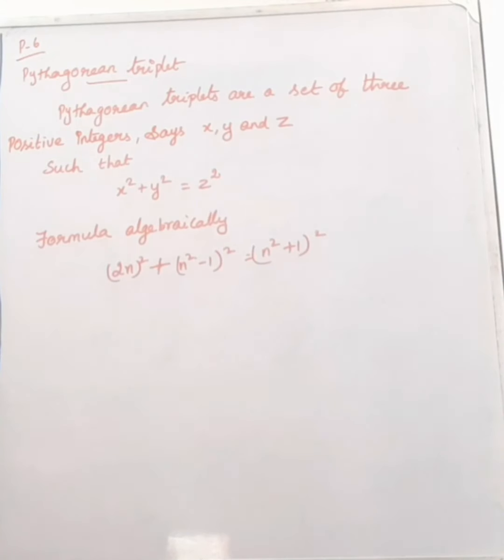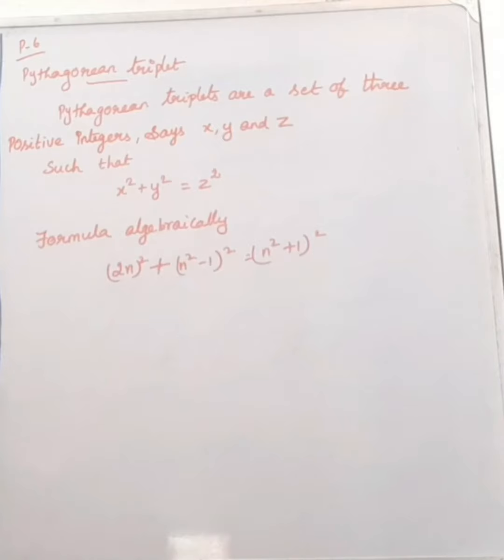The sum of squares of the other two sides, that is opposite side and adjacent side, is equal to the square of the hypotenuse. Okay, again I am repeating the statement.